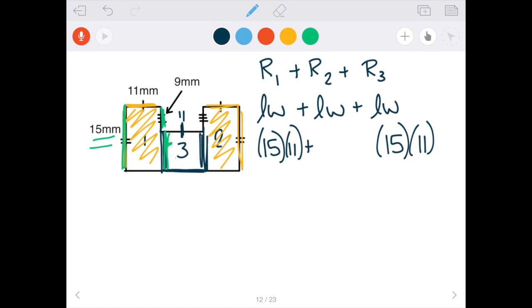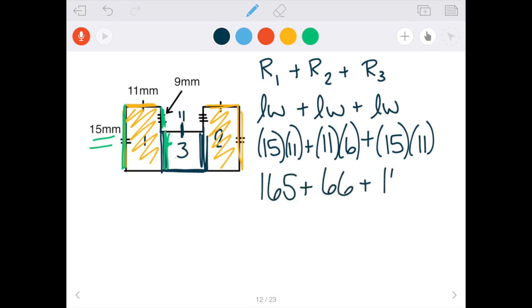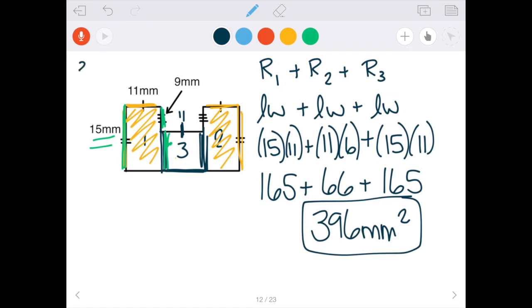So 11 and 6 are the dimensions of that rectangle. Now it's just a matter of multiplying and adding. 15 times 11 is 165. Add all 3. And I get 396 millimeters squared.